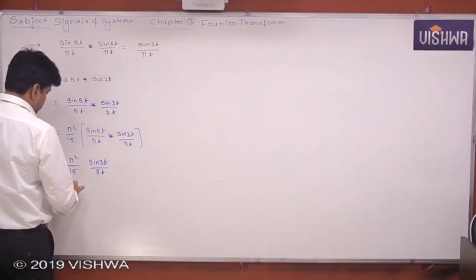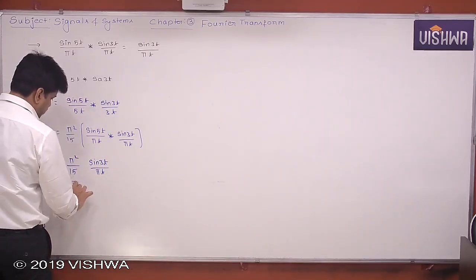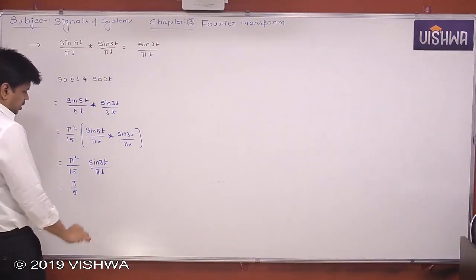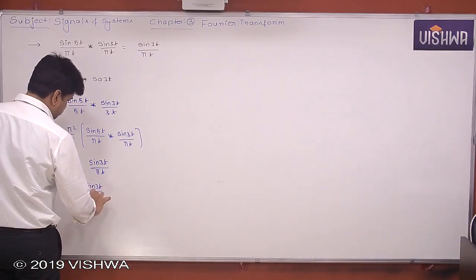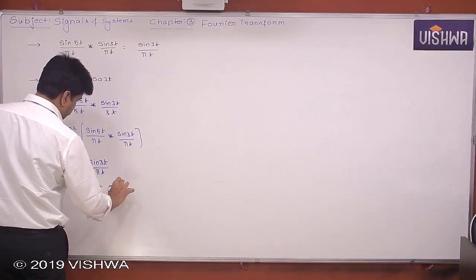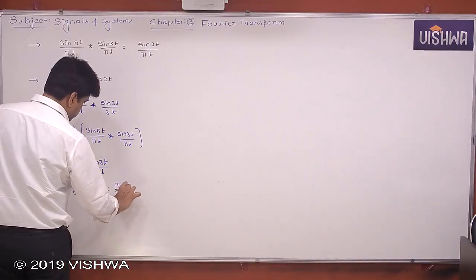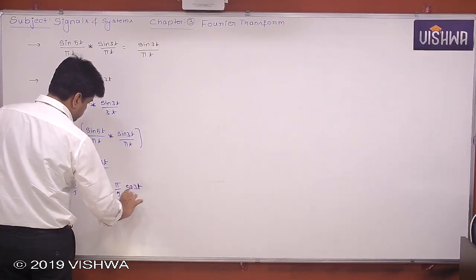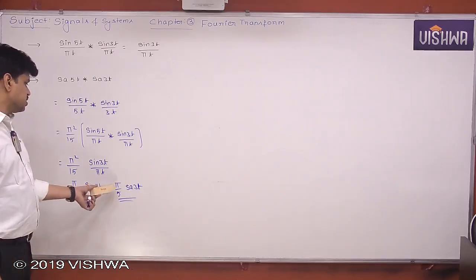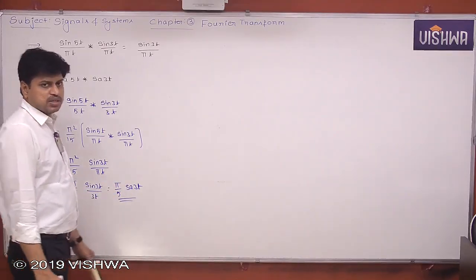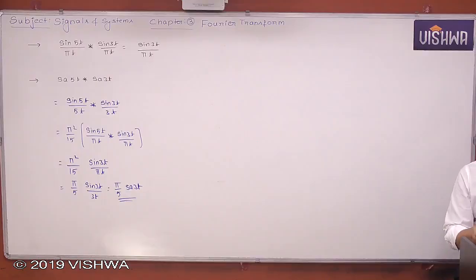So pi gets cancelled, pi by, let's say 5, then sine 3t by 3t. So this is pi by 5 sampling 3t. So this is the answer. It is not sampling 3t, actually it is pi by 5 sampling 3t. That is the answer.